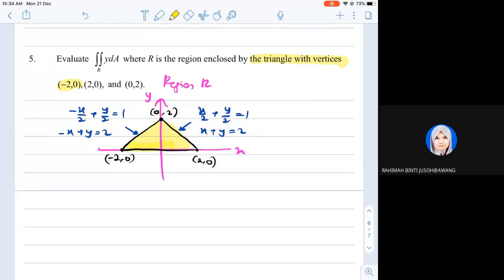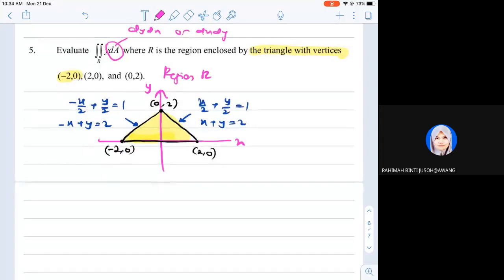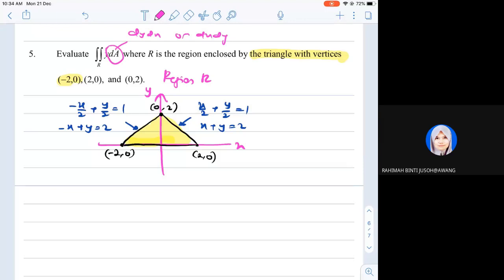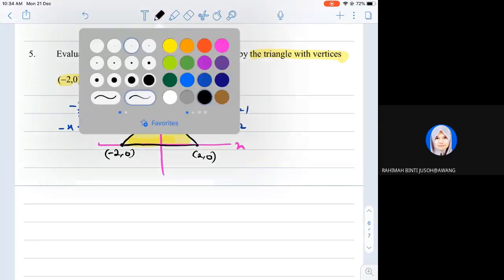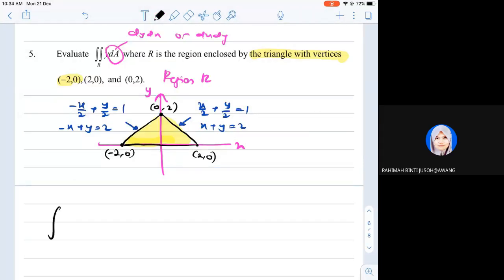Now, the question did not mention either dy dx or dx dy. It just mentioned dA. So it can be dy dx or dx dy. Okay, let me show you both. Let's say we calculate this by using dx dy.